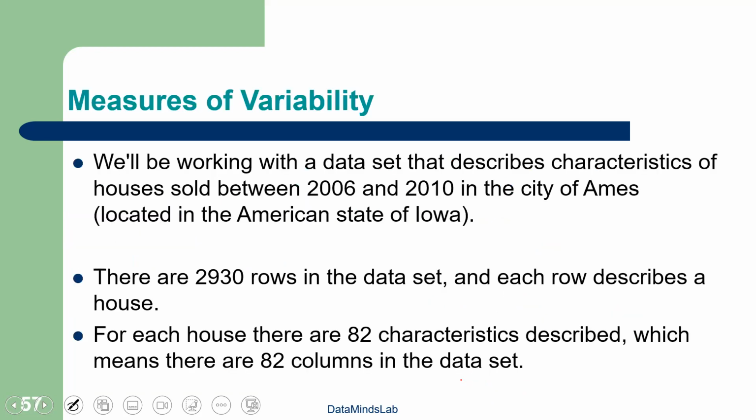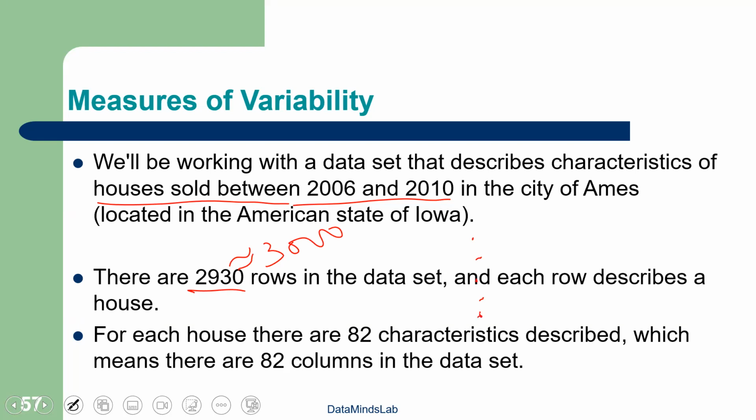Now we'll be working with a data set that describes the characteristics of houses sold between 2006 and 2010 in the city of Ames. There are around 2,930 rows, almost 3,000, in the data set, and each row describes a house.